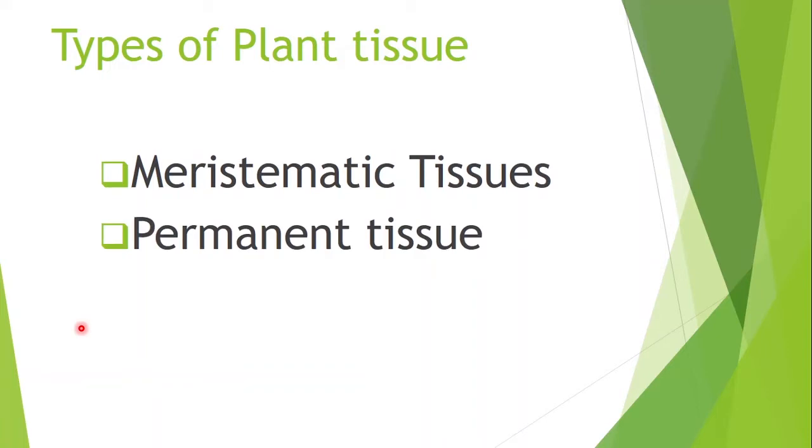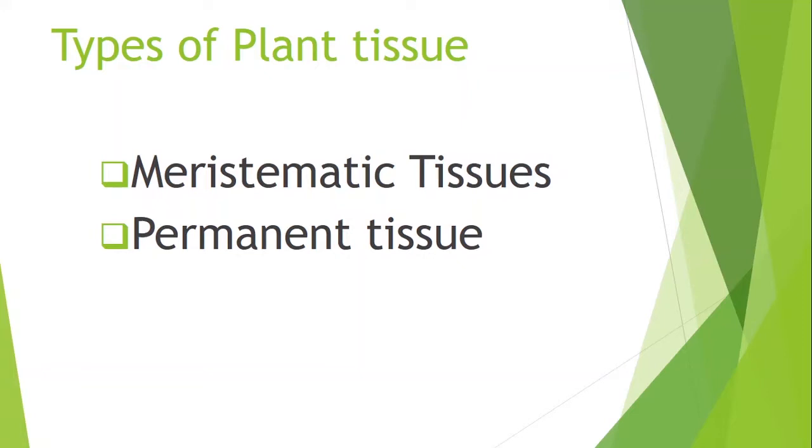Now the names might be quite fancy for you, and you might be wondering what this meristematic tissue and permanent tissue are. Well, as I mentioned before, in biology you will always have names which are tricky and topsy-turvy.